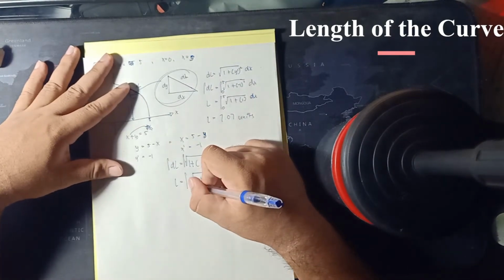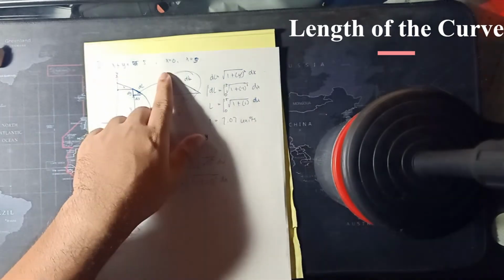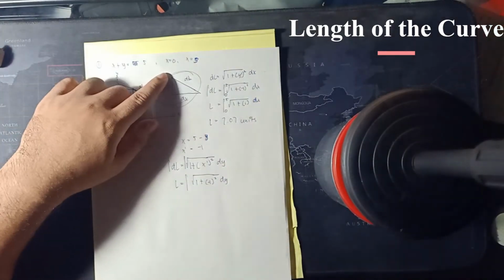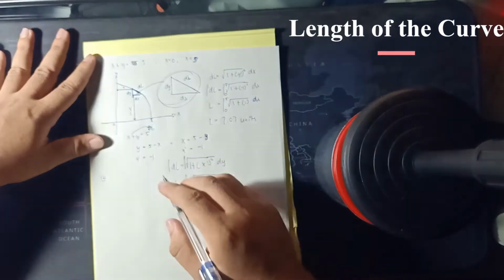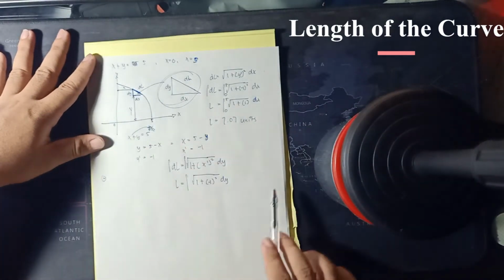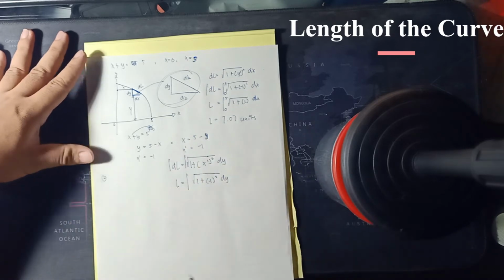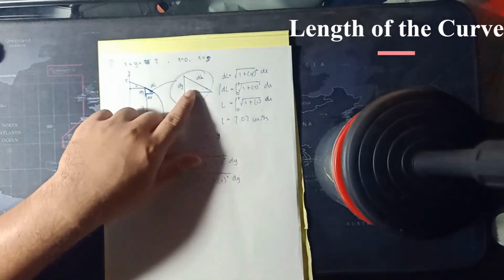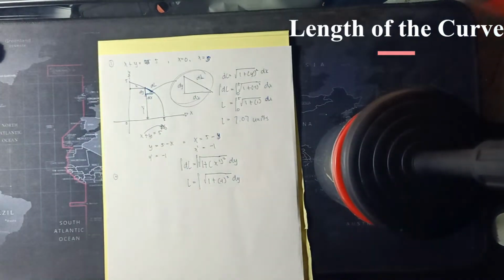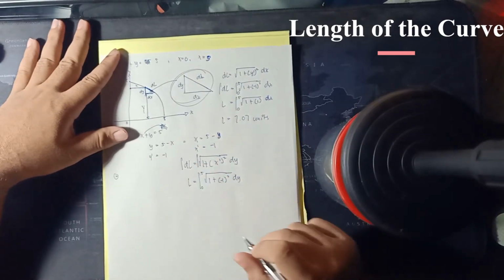And don't forget the limits. Because this is a circle with the same radius, the limits are also from 0 to 5.